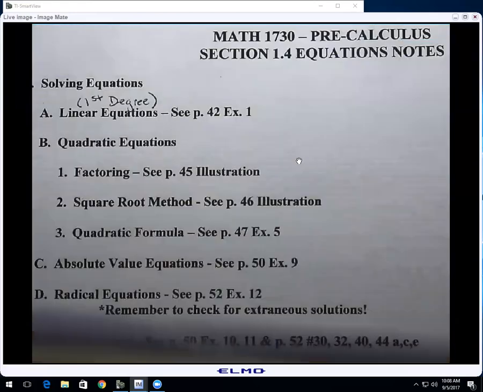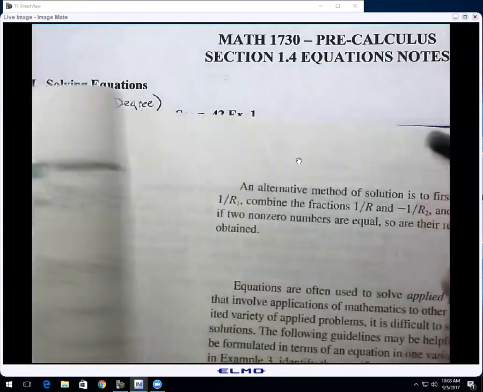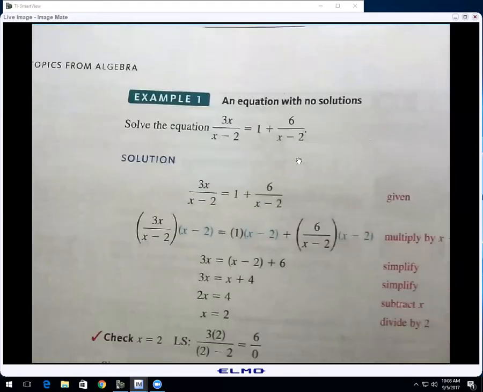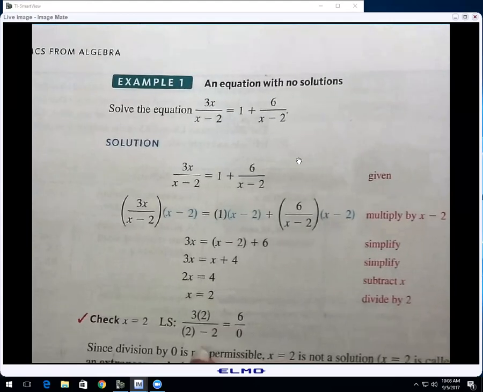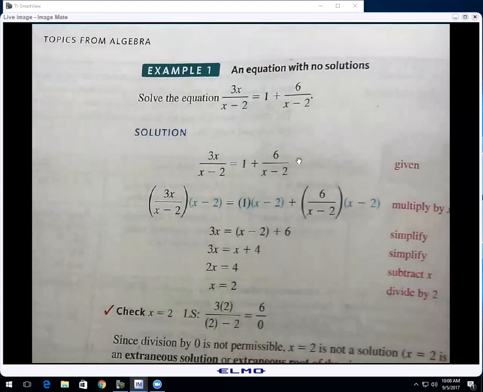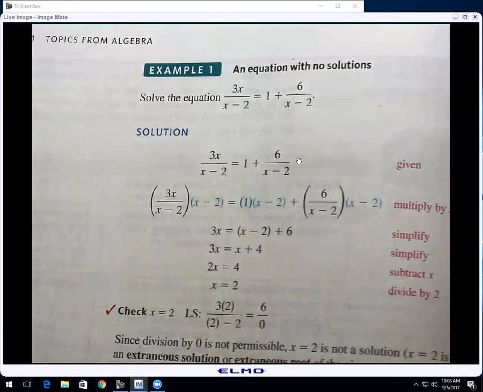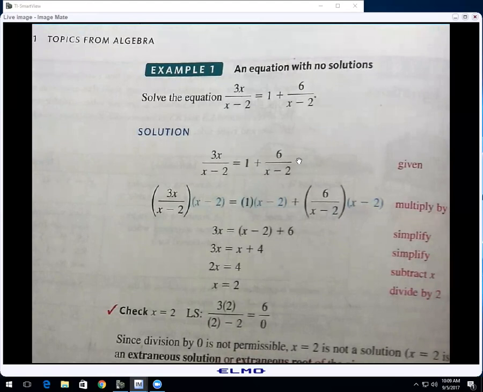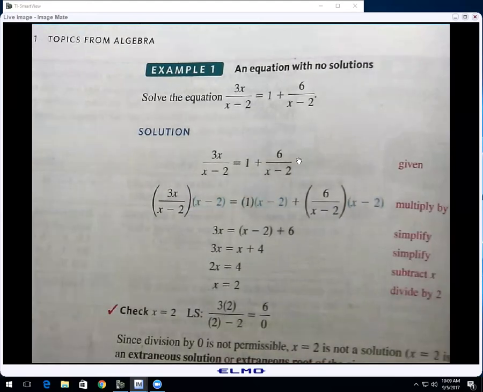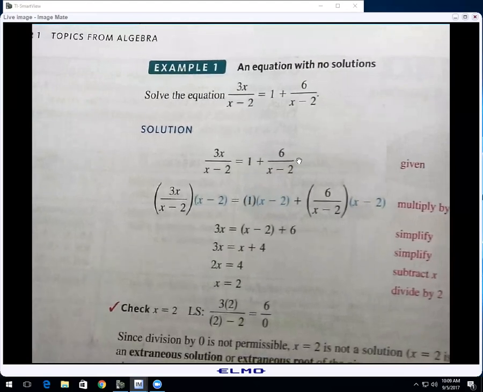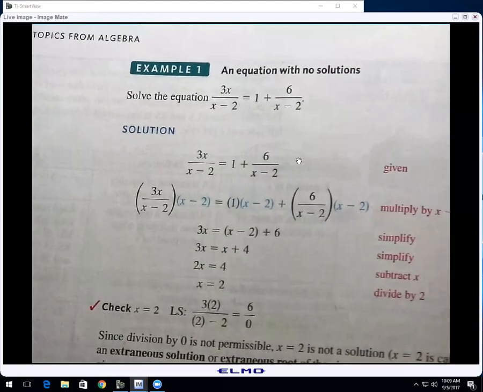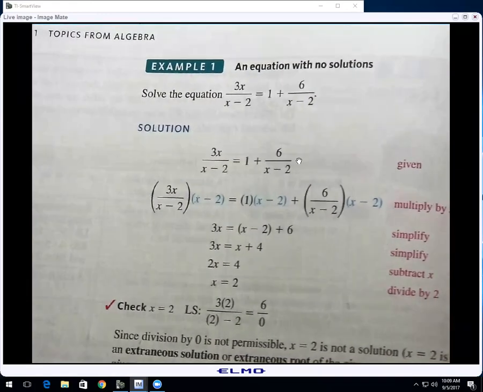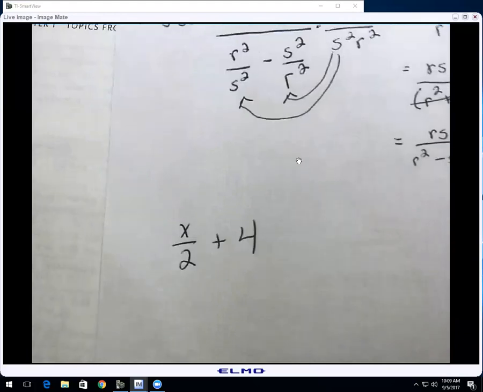Let me show you the example on page 42, because even though I'm sure you're a professional linear equation solver, what continues to cause algebra students trouble is equations that have fractions in them. If I just give you an expression like, let's say, x over 2 plus 4, there it is, x over 2 plus 4.